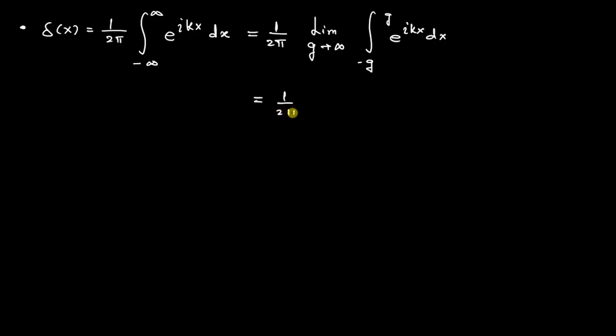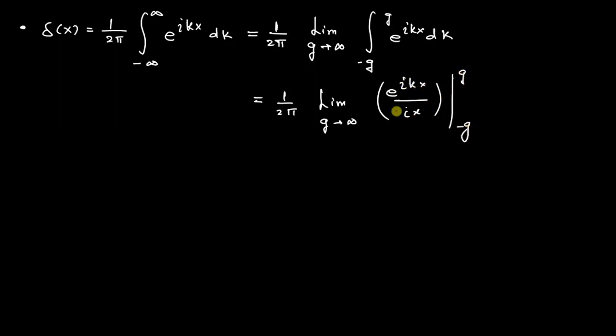I can write this as 1 by 2 pi, limit g goes to infinity, e raised to power ikx, no, this was dk, not dx. So if I do the integration with respect to k, I will get ix, but this is between the limits minus g to g.